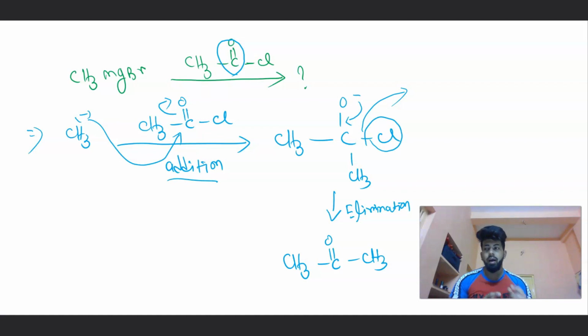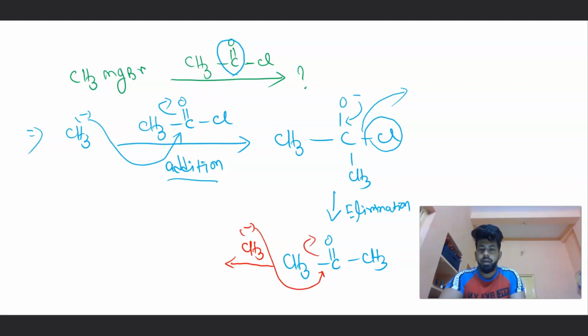Now if I have a larger or excess amount of methyl magnesium bromide, that is your Grignard reagent, what will happen further? Here the reaction will not stop. The CH3 minus will again attack here and it will break in this way and it will become CH3 C OH CH3 CH3, after taking the acidic hydrogen from the H3O plus or from the water solvent.